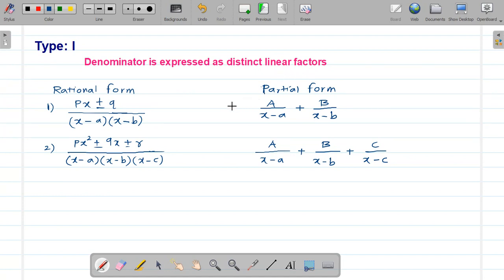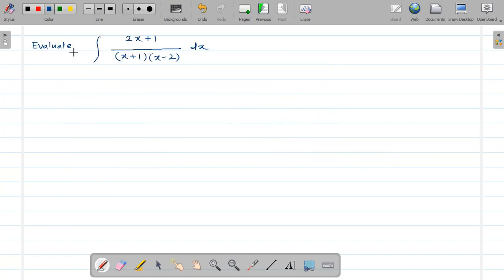Now we will solve one example related to this type number 1. So let us see now. Evaluate the integration of (2x plus 1) upon (x plus 1) into (x minus 2). Now see, this is the proper rational function because the degree of numerator is 1, and after multiplying these two factors, the degree of the denominator will be 2.